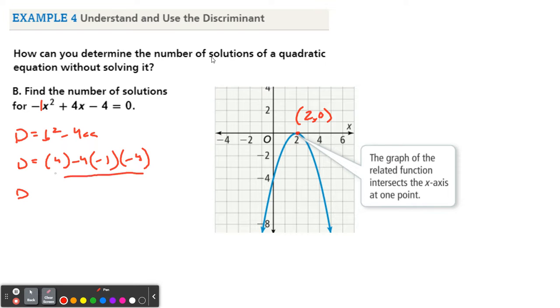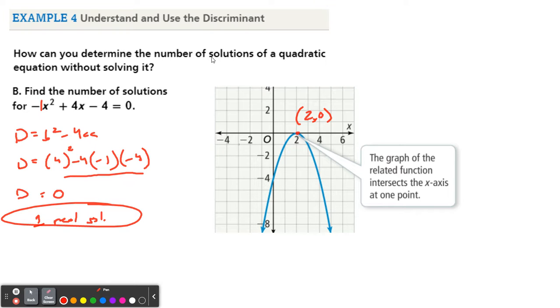Again, type this into Desmos. I'm going a little bit too fast, I think. b squared is 16, and this becomes minus 16, and 16 minus 16 is 0. Your discriminant is 0. When your discriminant is 0, that leads you to 1 real solution. That would be the vertex, and that would be (2, 0).